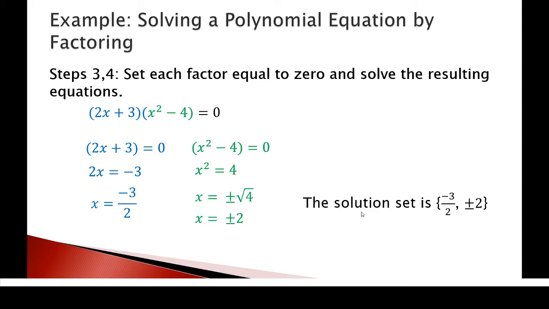So we can write the solution set as negative 3 over 2, plus or minus 2. So these are the solutions for the equation 2x cubed plus 3x squared minus 8x minus 12 is equal to 0.